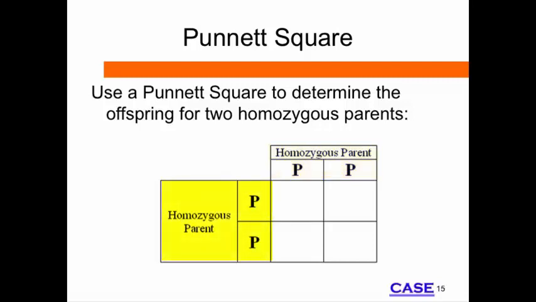The parent on the left side is also homozygous polled and will also pass only capital P genes onto the offspring. The empty spaces in the square represent every possible combination of parent genes during fertilization. Remember, each offspring will receive one gene from each parent, so there will be two genes in each offspring box.